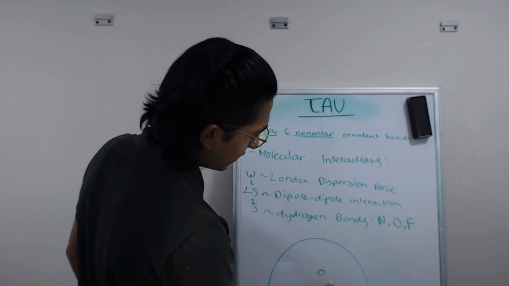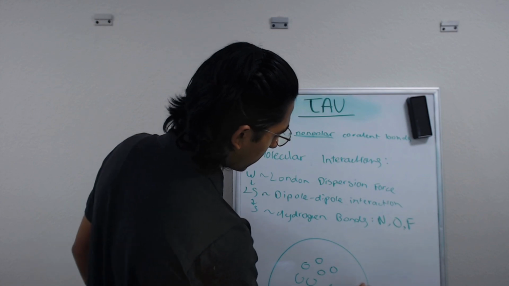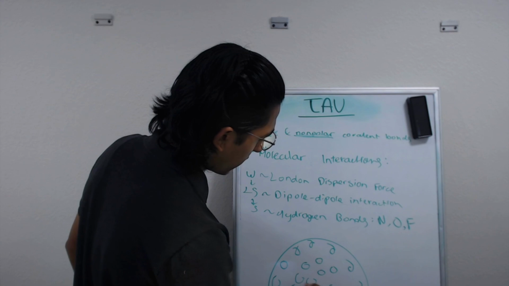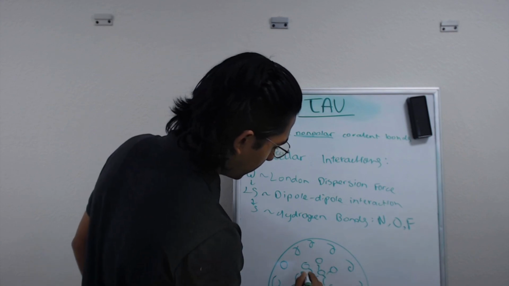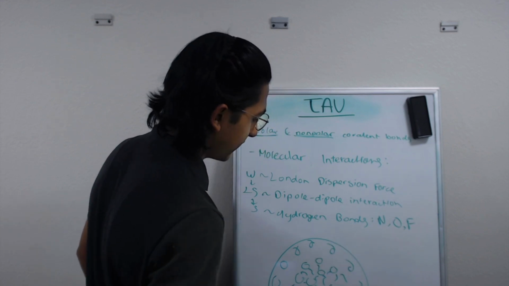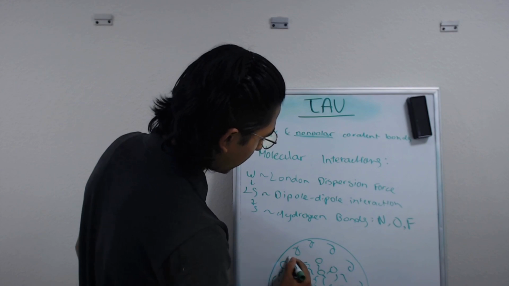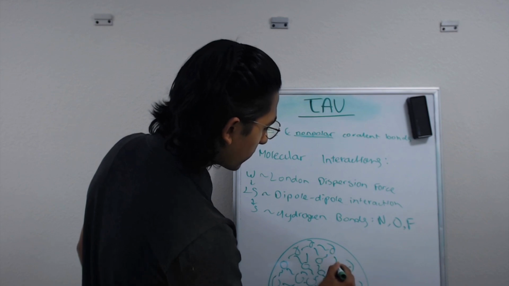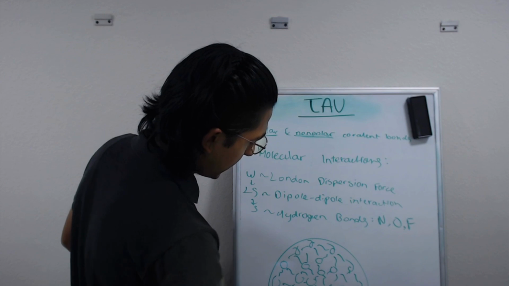let's just say that's a water molecule, right? All these other water molecules are held together by hydrogen bonds, right? So they're held together in all directions. However, the ones on the edge are only held together from the back. And they have nothing above them that holds them together.